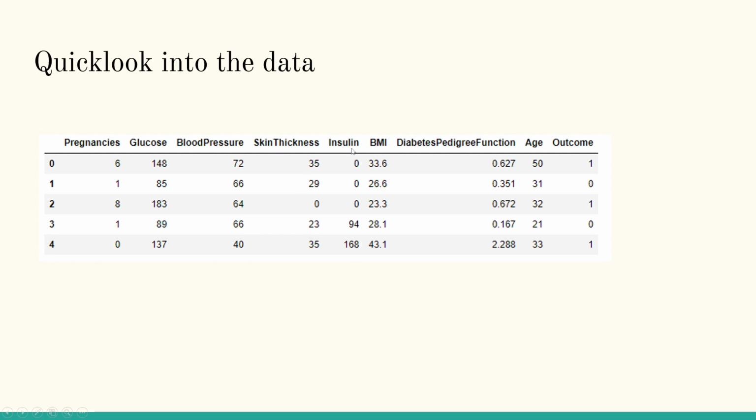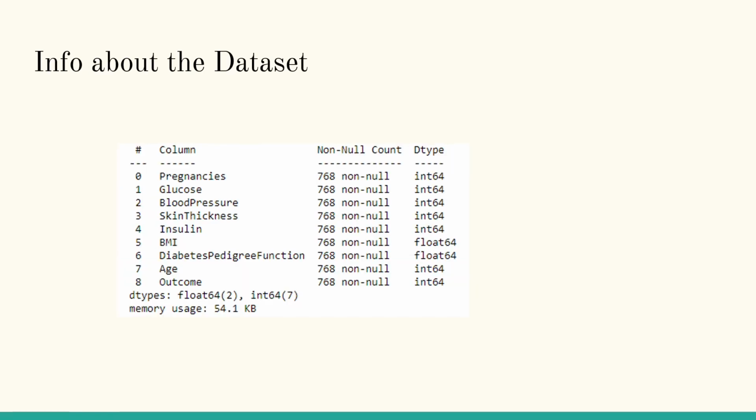The next one is the insulin level of the patient. Then the next one is the BMI of the patient. And then the next one is diabetes pedigree function, and the next one is age, and then the final one is the target variable that we need to predict, which is the outcome. We have only two values in the outcome column, 0 and 1.